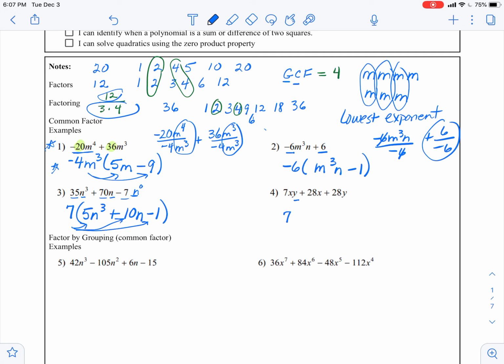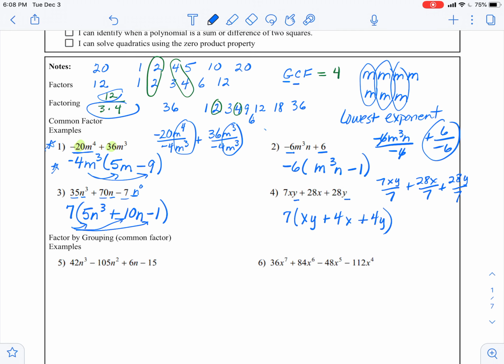I have a y here and a y here, but this one doesn't have a y. So again, I cannot take out any variables. So 7xy divided by 7 would just leave your x and your y. 28x divided by 7 would leave your 4x. And 28y divided by 7 would give you 4y.